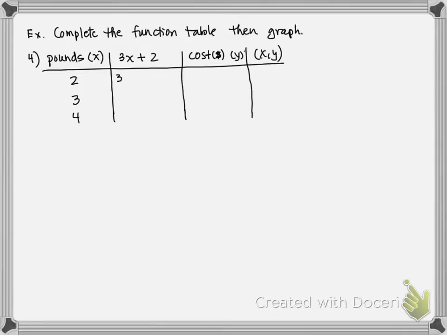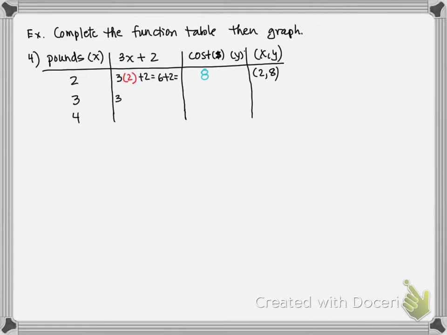So we're going to substitute X with 2. So we get 3 times 2 is 6, and then 6 plus 2 is 8. I'm going to give it a different color. So then I'm going to pair those up, and I'm going to have 2 and 8. Okay, let's try 3.